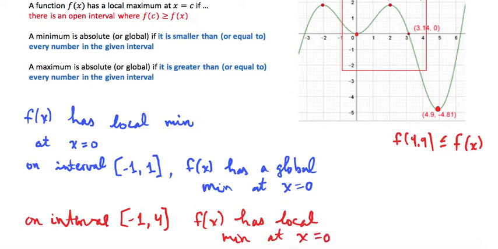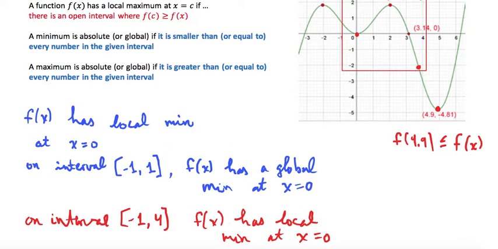So this point here, it's still a minimum in that little region, but now that I've expanded my interval, I'm considering everything from -1 to +4. That's no longer global. There's some other point, namely over here. This point here is smaller than that one there.